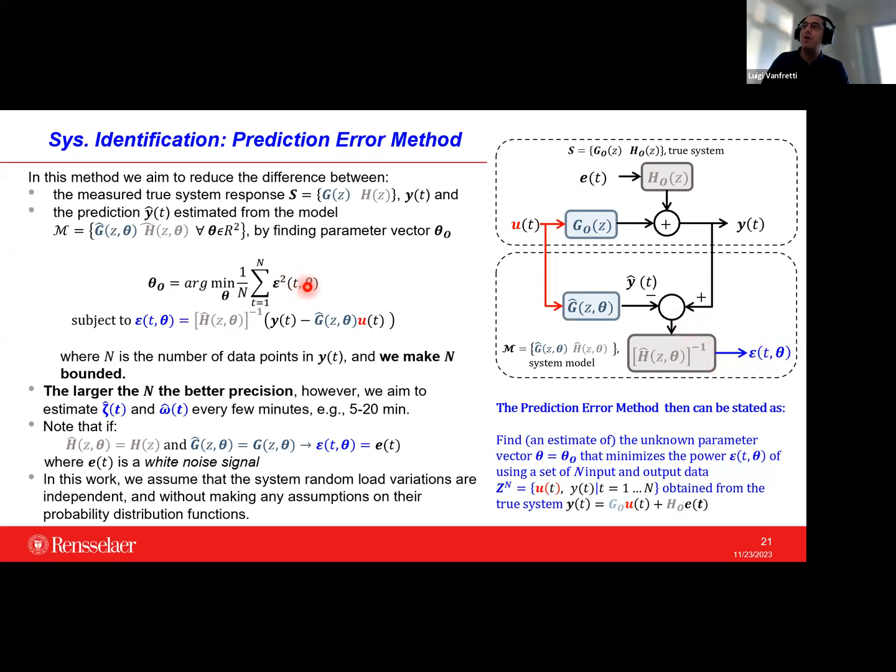So this is the prediction error that we're trying to minimize. Of course, the larger the number of points over time, the better the precision. But since we want to replicate what is being done in the real world, we will try to build these estimates every 5 to 20 minutes because that's how they're applying it in the field.